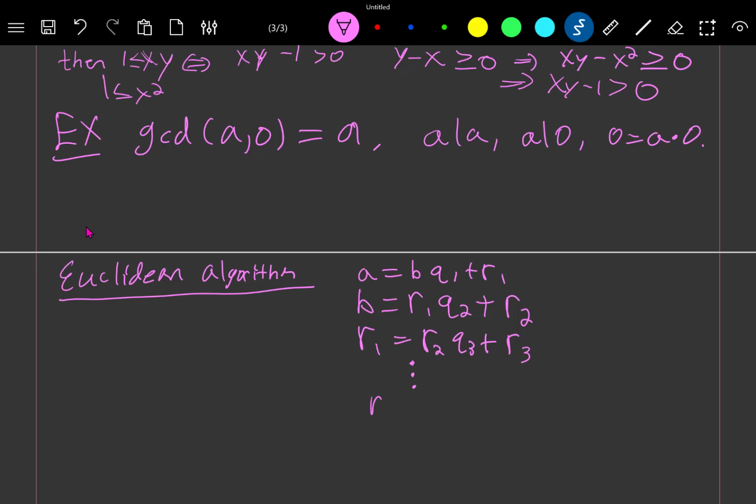And so it will have, say, Rn minus 1 is equal to Rn times Qn plus 1.